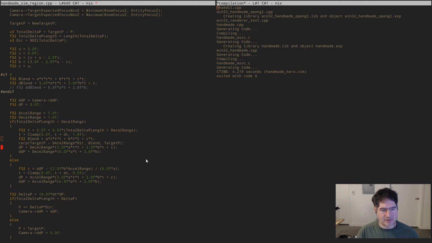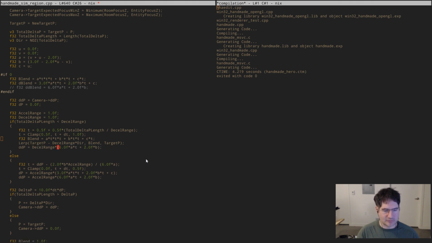Then to produce the value that we retain for future solving, we would just say, well, the deceleration range is the multiplier, and then the 6 times a times t plus 2 times b. That's the version of this that gets us our derivative, right?